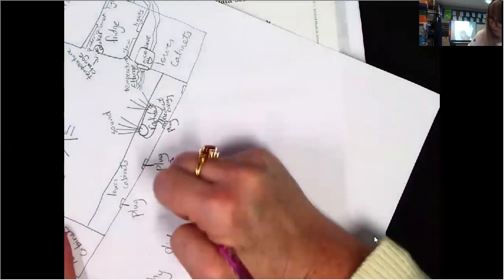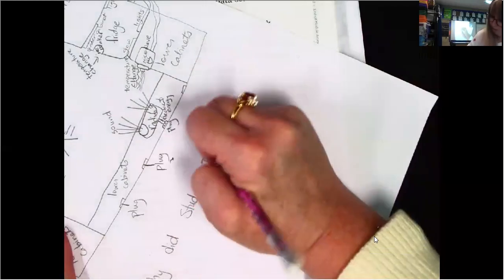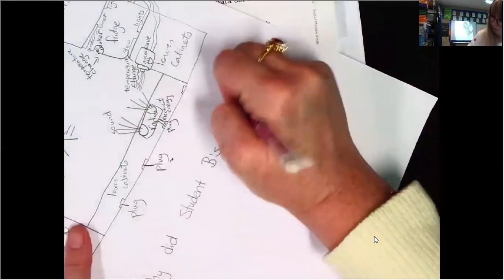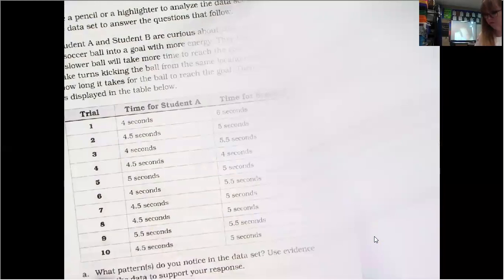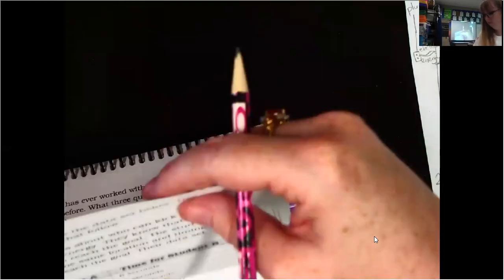Why did student B's soccer ball get to the goal faster in trial 4?